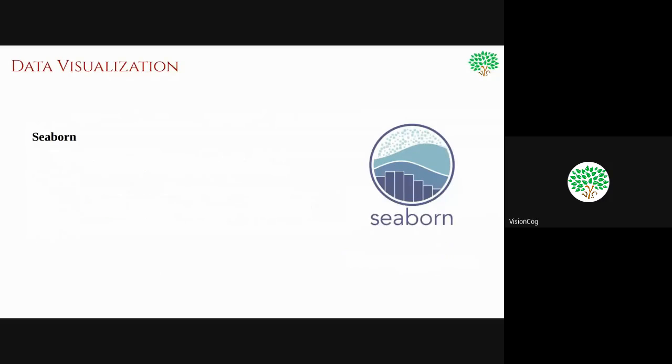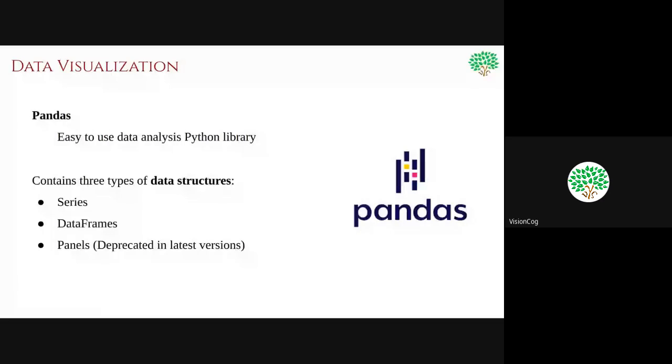Pandas, you can see, is related to the panel data structure. Panel is a data structure most prominently used in statistics. Statisticians use a tabular data structure which they call a panel, and the computational version of this is the panel data structure. Unfortunately, the Pandas team has decided to remove the name panel and the functionality of panel.